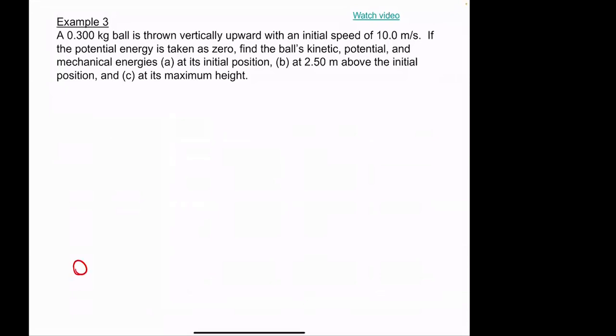What's going to happen is we have a ball, and we're throwing this ball, and it's going up to its maximum height. And along the way, there's a 2.5. Now, we don't know if it's halfway or a quarter of the way or 3/4 of the way, so I'm just going to put a random height in here. Y is equal to 2.50 meters.